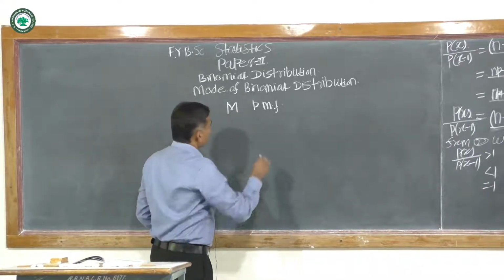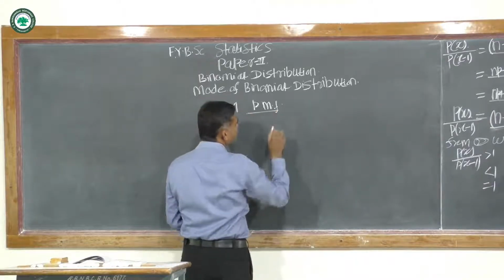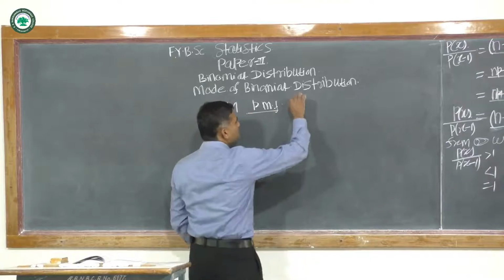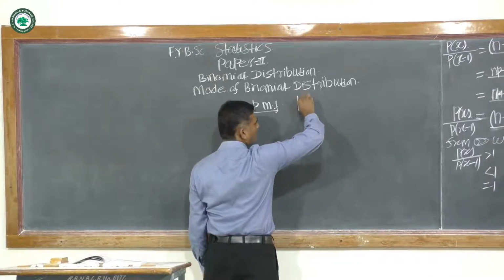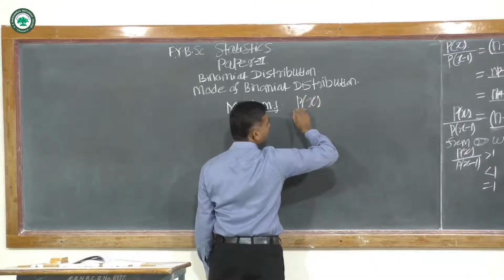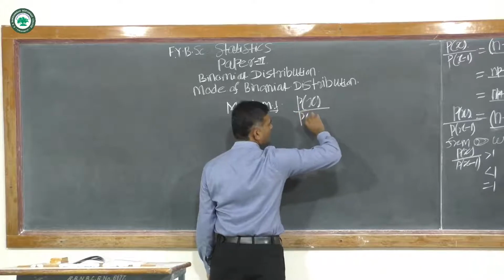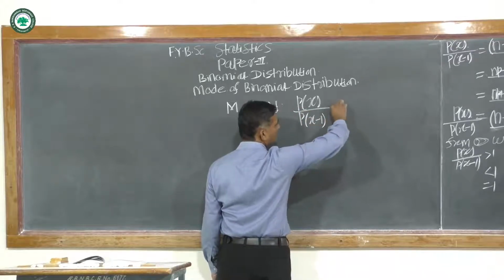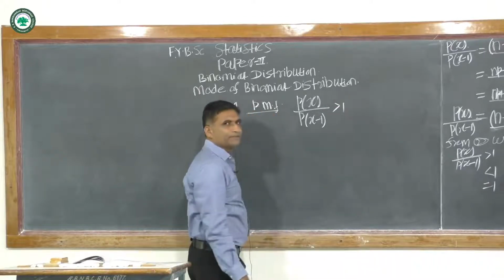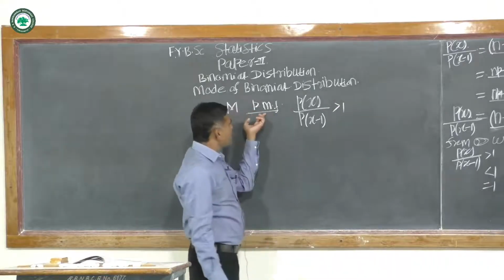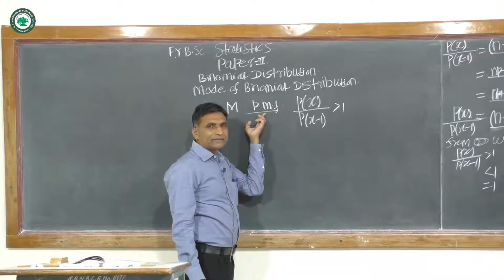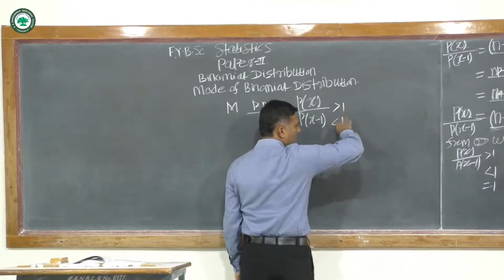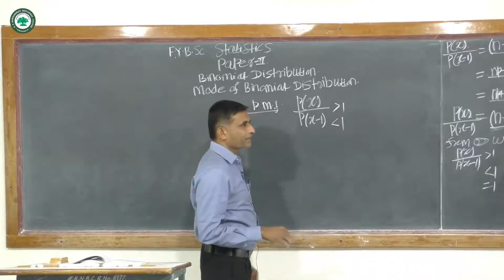If the probability mass function is increasing, then the ratio P of x upon P of x minus 1 should be greater than 1, and if the probability mass function is decreasing, then this ratio should be less than 1.